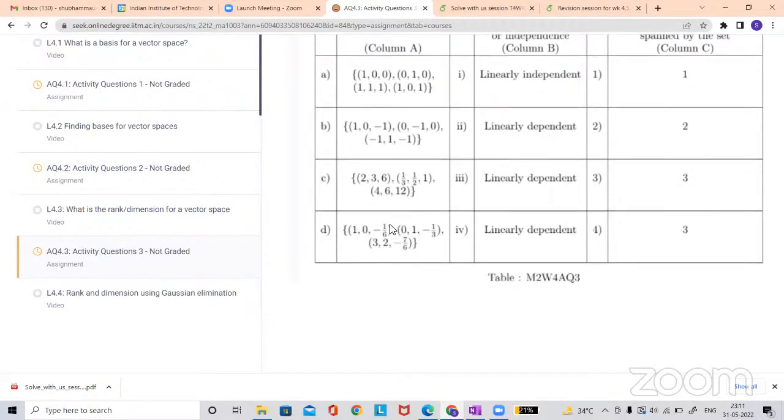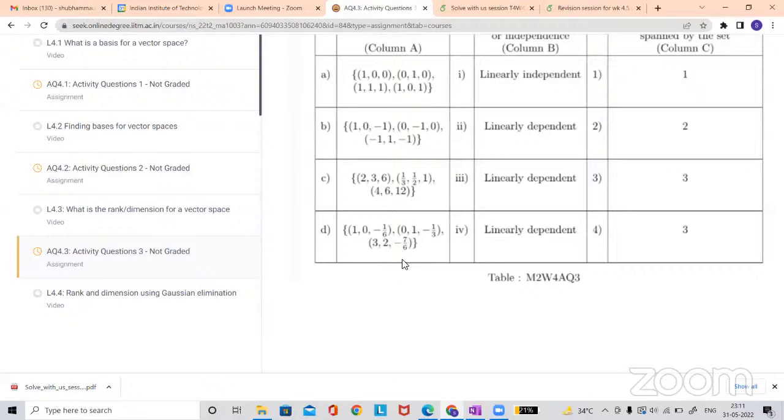No, if it is dependent, then you have to do something more, right? If you check that they are dependent, check whether these two are dependent or not, or whether all three are dependent.